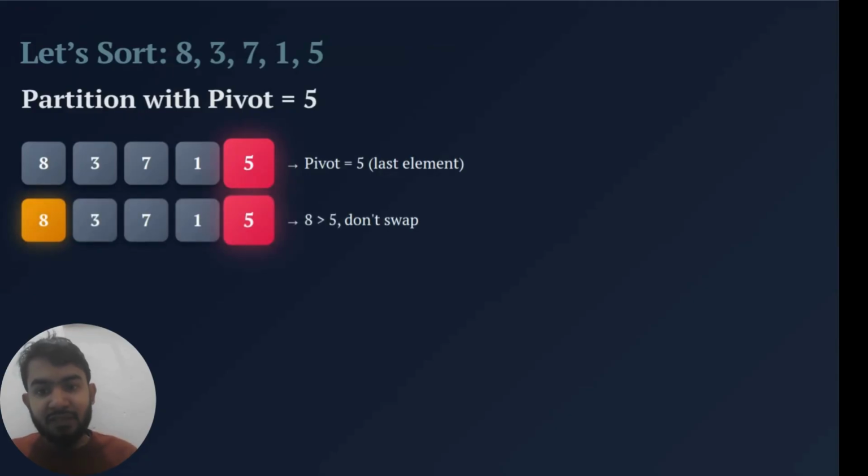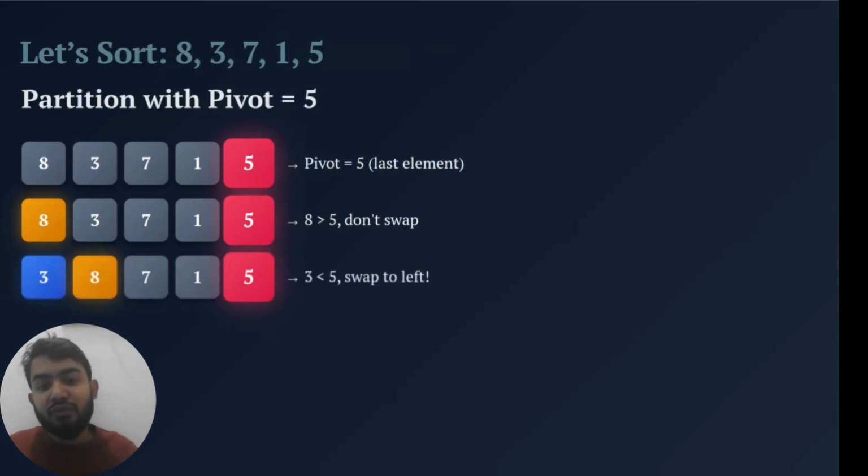And then on the second step, we need to compare the pivot with the left element, I mean the leftmost element, which is 8. So we compare whether 8 is greater than 5. So 8 is greater than 5, so we don't need to swap. And then we find that 3 is less than 5, so it needs to go to the left.